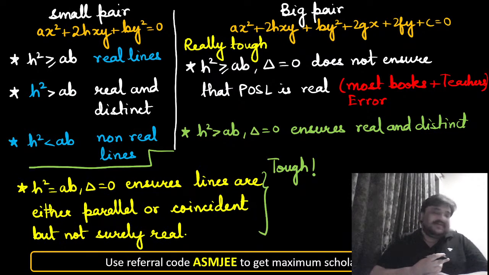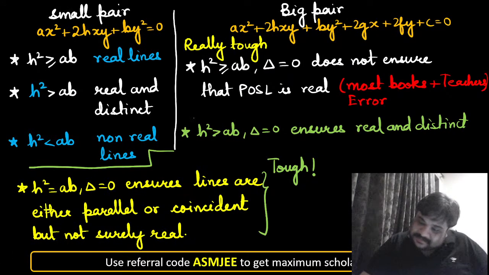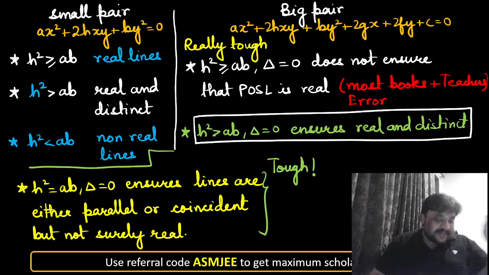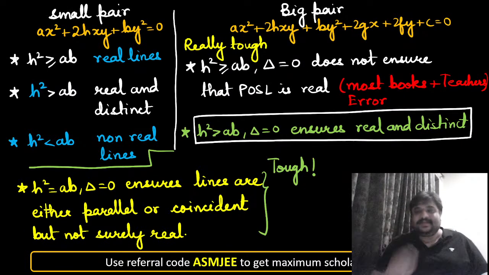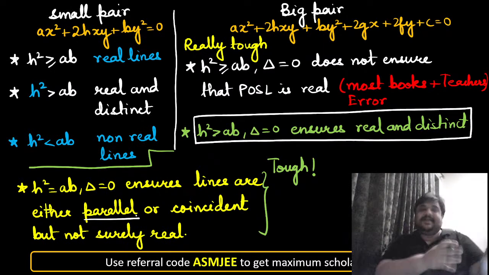There is no surety when h square is equal to AB. Yes, h square greater than AB has surety. This part is sure that it is real and distinct. But again, there is an issue. You cannot say this is the only case of real and distinct. Even when the lines are parallel and real, they are real and distinct.